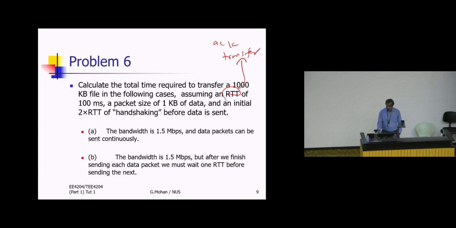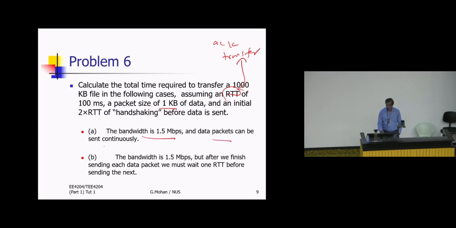Now, one packet size is 1 kilobyte. The total message size is 100 kilobytes. So how many packets would there be? 1,000 packets, right? So we need to send 1,000 packets. Now, question A. The bandwidth or data rate is 1.5 Mbps.